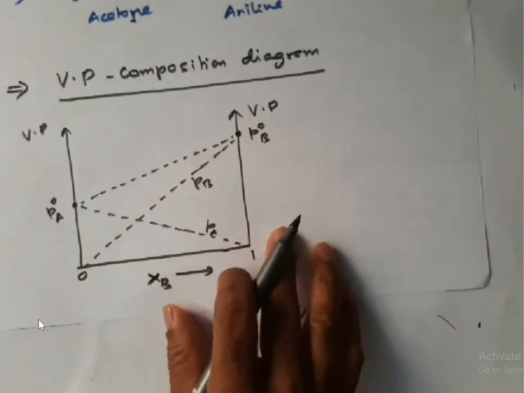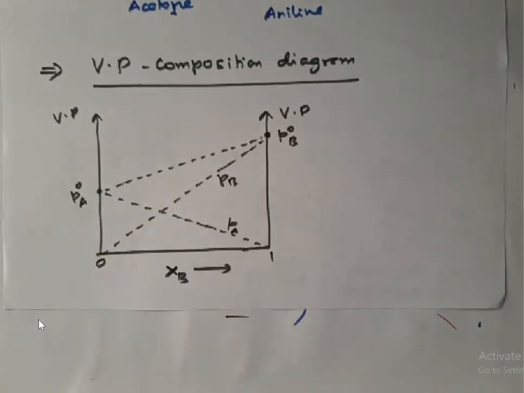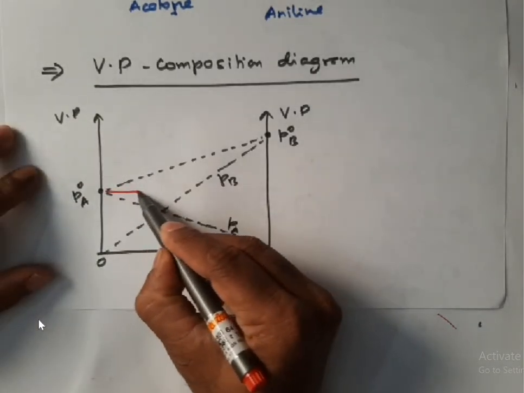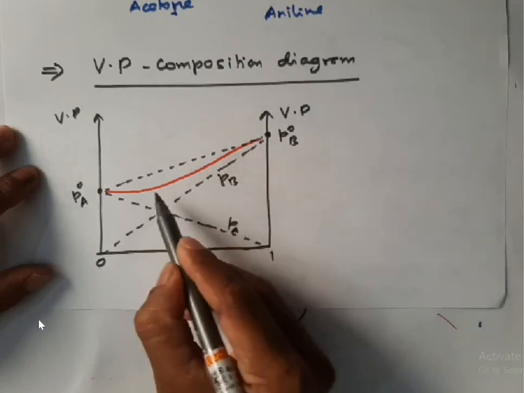So these straight lines are for the ideal solution. But now our solution shows negative deviation. Negative deviation means vapor pressure is lesser than the ideal. So we should plot a graph like this.